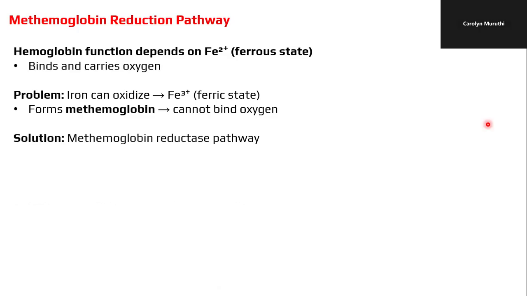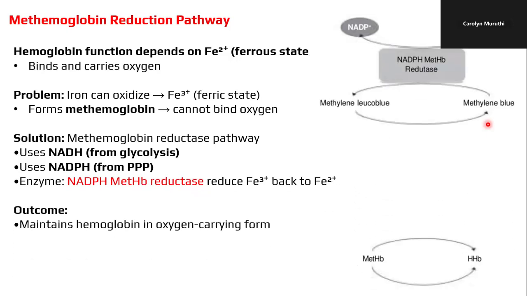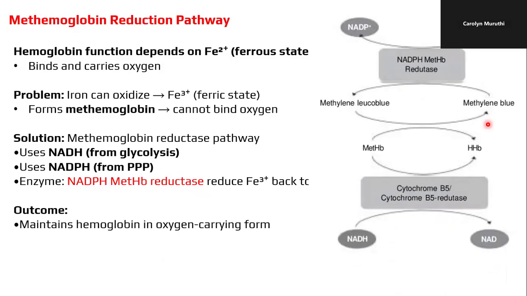And so to fix this, the erythrocytes have the methemoglobin reductase pathway, which utilizes NADPH from the Pentose Phosphate Pathway and NADH from Glycolysis to activate the function of NADH methemoglobin reductase, which reduces ferric ions back to the normal state, that is, ferrous ions.